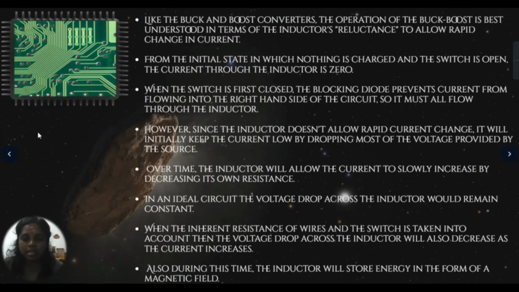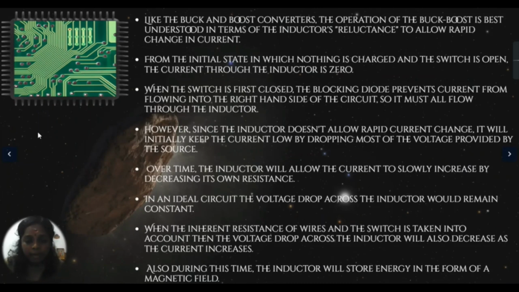However, since the inductor doesn't allow rapid current change, it will initially keep the current low by dropping most of the voltage provided by the source. Over time, the inductor will allow the current to slowly increase by decreasing its own resistance, and in an ideal circuit, the voltage drop across the inductor would remain constant.